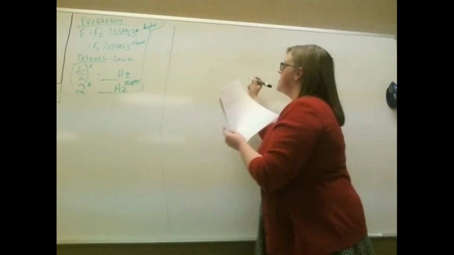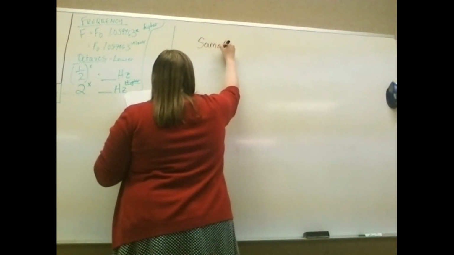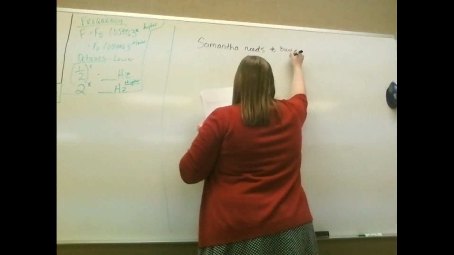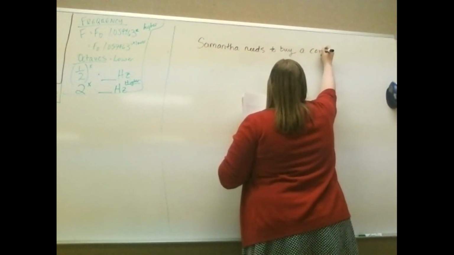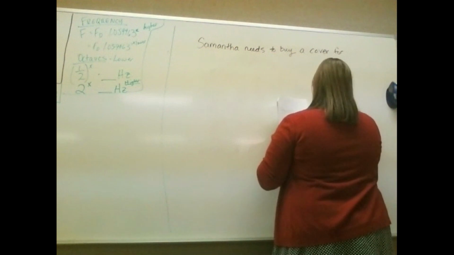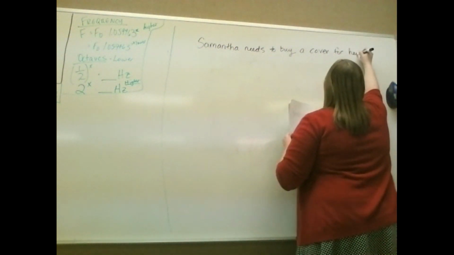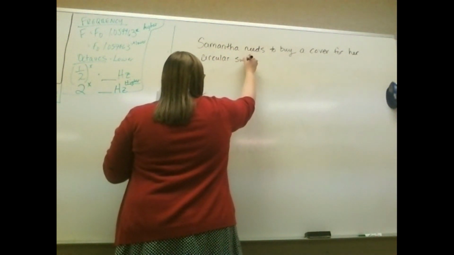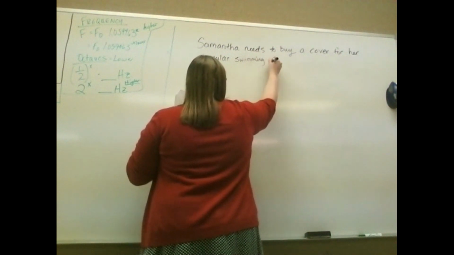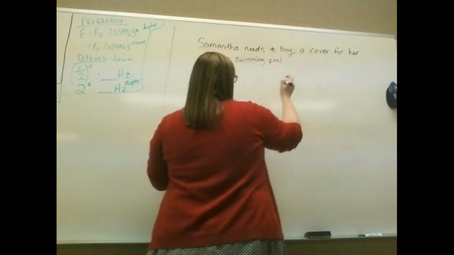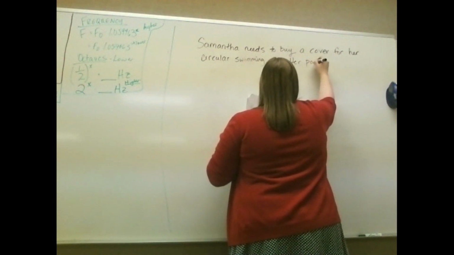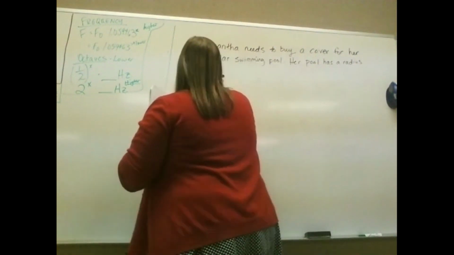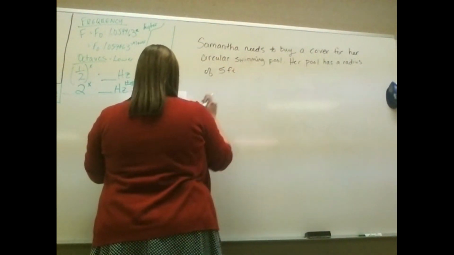All right, Samantha needs to buy a cover for her swimming pool. I guess I should say circular. It's a round swimming pool. For her circular swimming pool, her pool has a radius of 5 feet.